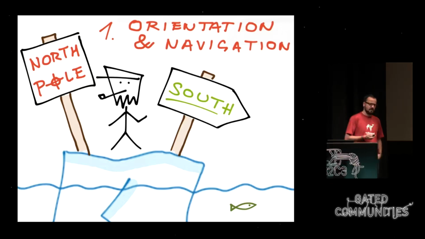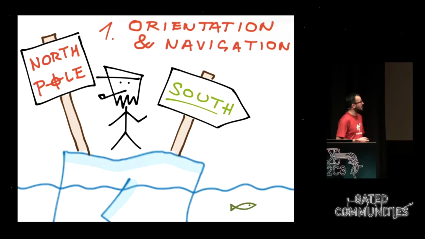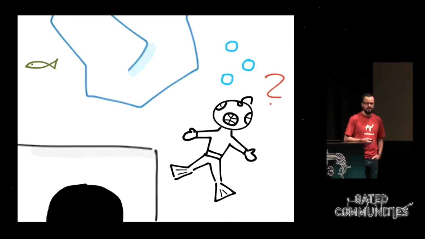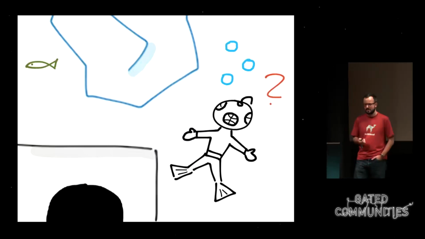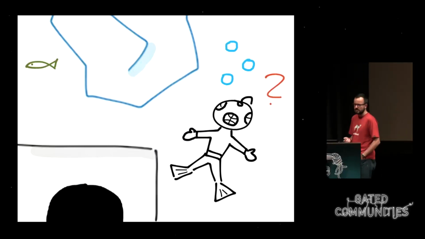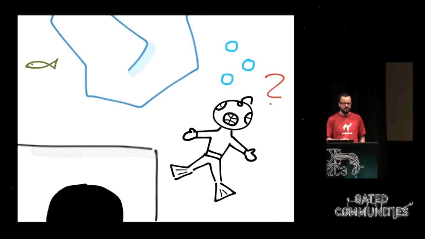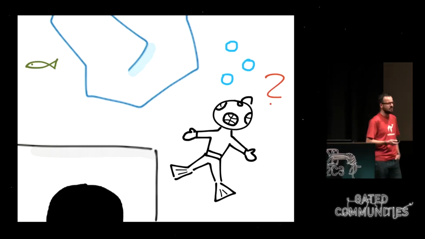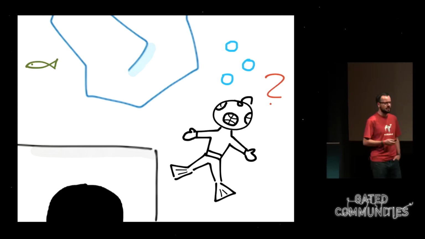Okay, because I promised you a treasure hunt, our Captain Nemo would like to find some treasure, but at first he needs to find his submarine, the famous Nautilus. So he dives and starts looking for the submarine. But again, he doesn't know what to do here.